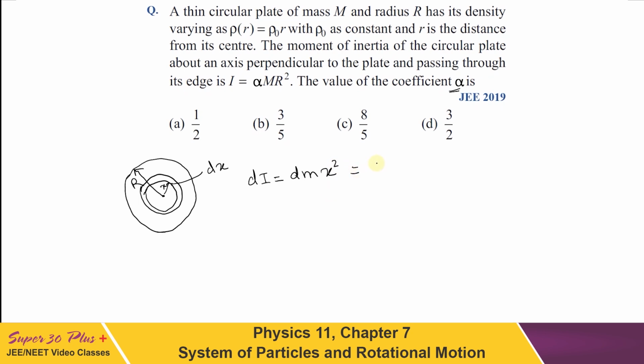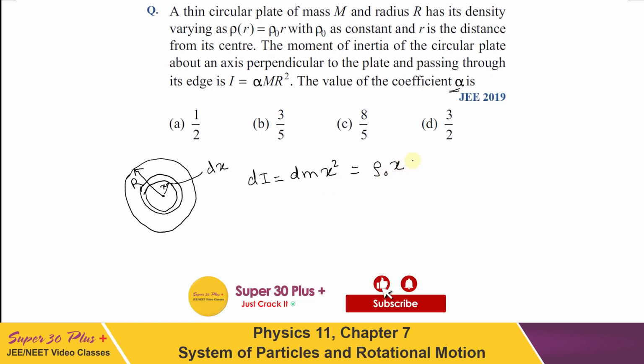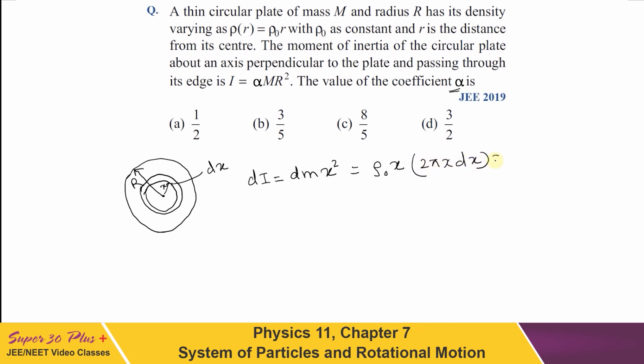Now if I substitute the value of density, then dm can be written as density multiplied with area of the ring, that is 2 pi x dx, and then multiplied with x square. So on solving it, we will get 2 pi ρ0 x to the power 4 dx.